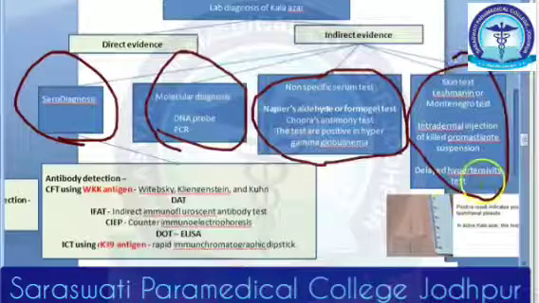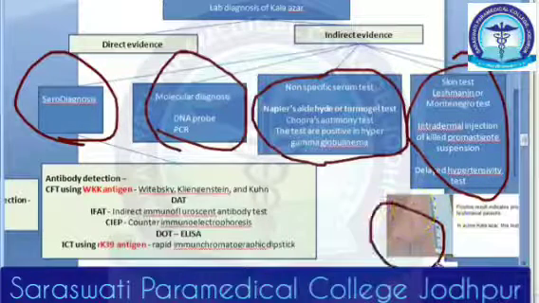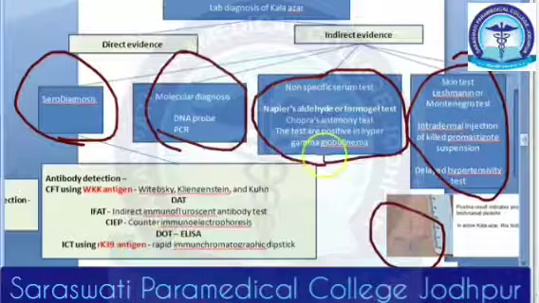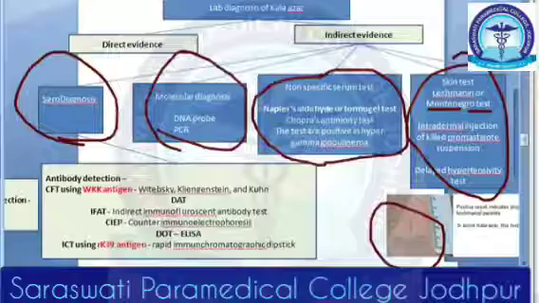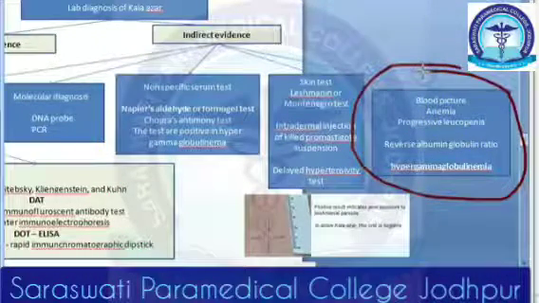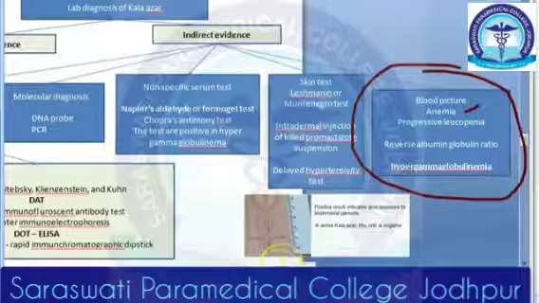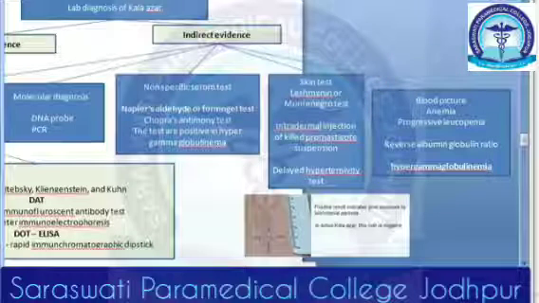The skin test is basically a delayed hypersensitivity test, just like a Mantoux test or a Lepromin test, right? Similar to that, you have the Leishmanin test or Montenegro test. And in the blood picture of the person, you can see that there will be anemia, pancytopenia, etc. So these are all indirect. That was just an overview of the lab diagnosis.